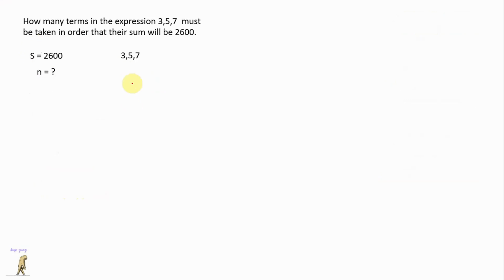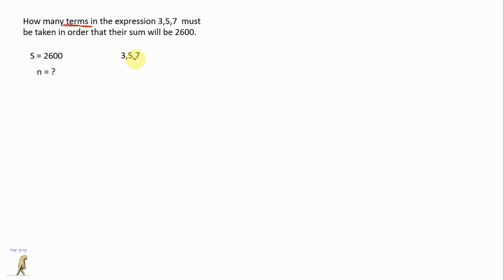The next problem that we have: how many terms in the expression 3, 5, 7 must be taken in order that their sum will be 2,600? As we can see, we have a given here, which is our sum. We are finding the n, which is the number of terms, right?